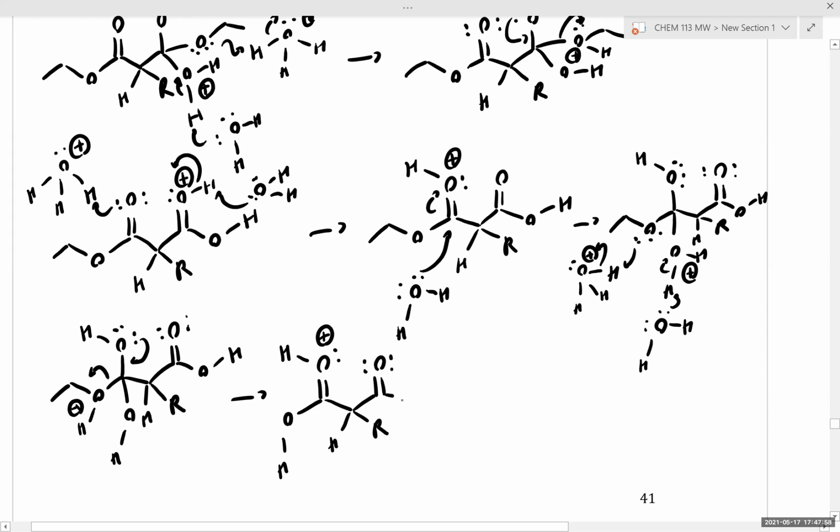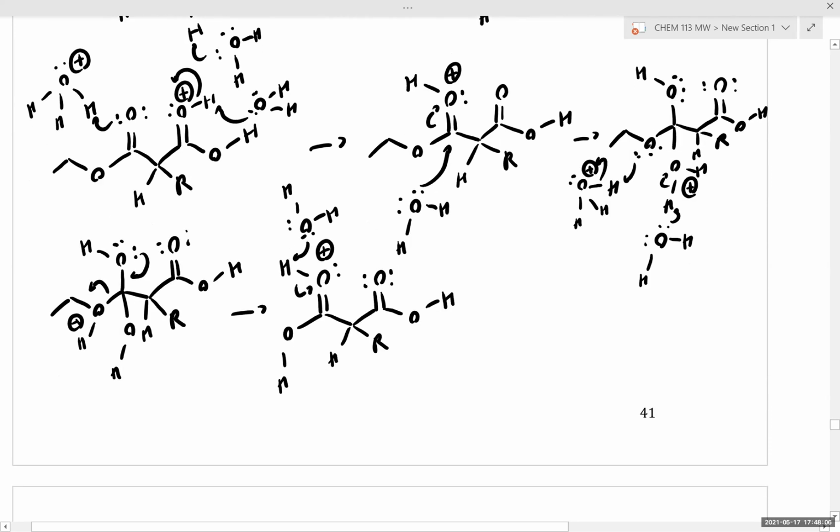I know this mechanism seems a little bit long, but it's mostly repetition. We've done 2 hydrolysis steps. We're cleaning this up and removing our proton. And now we have our dicarboxylic acid ready to go.